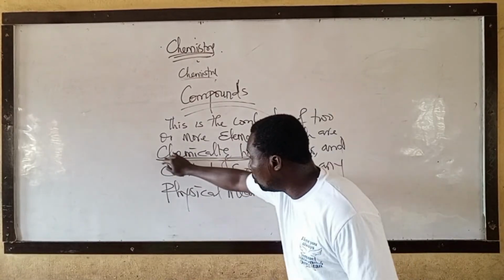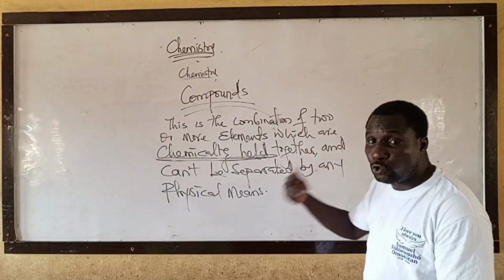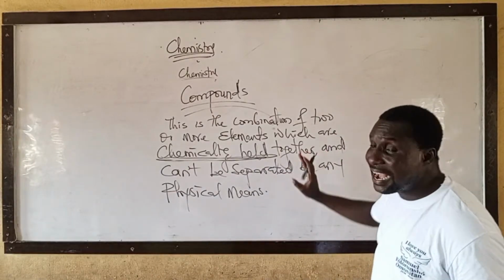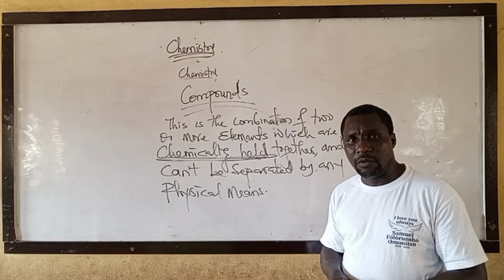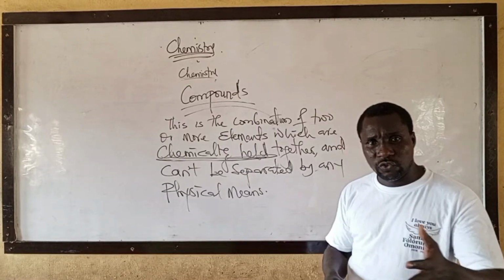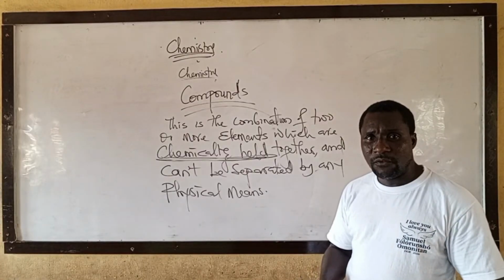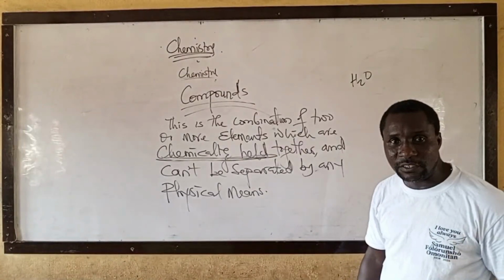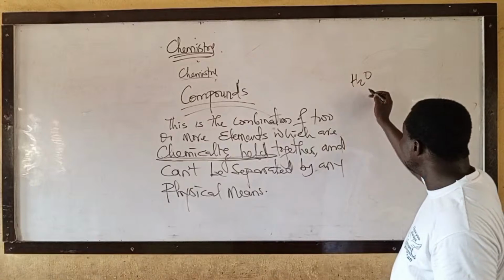This is the real wording. That is the meaning of the word compound: two or more elements chemically held together and cannot be separated by any physical means. For example, H2O, hydrogen oxide, whose common name is water. How many elements are here?